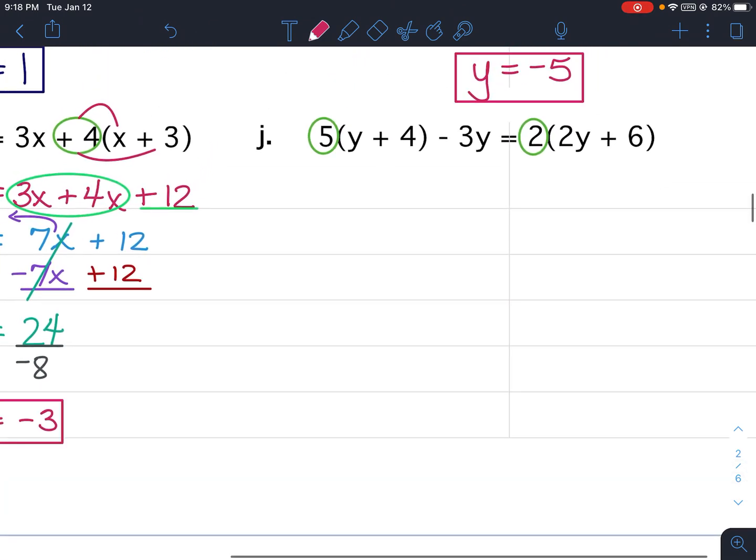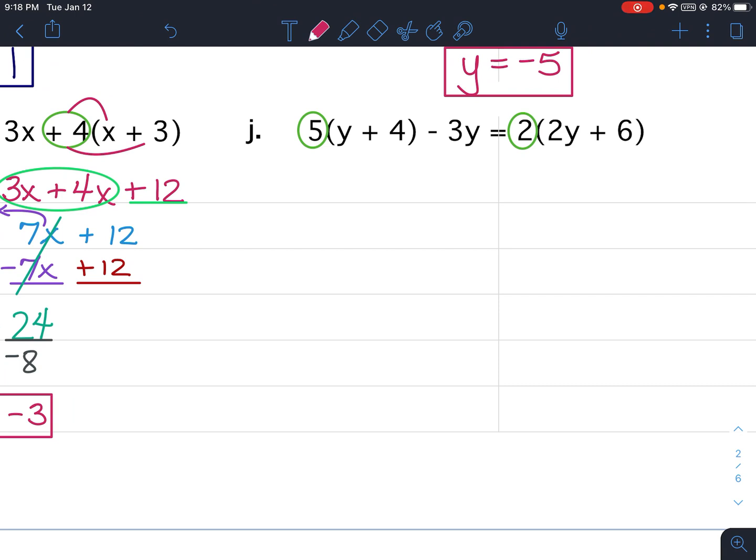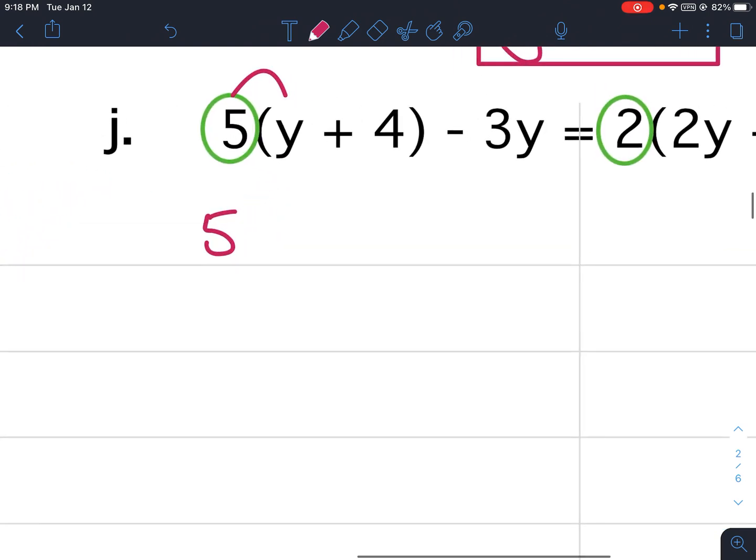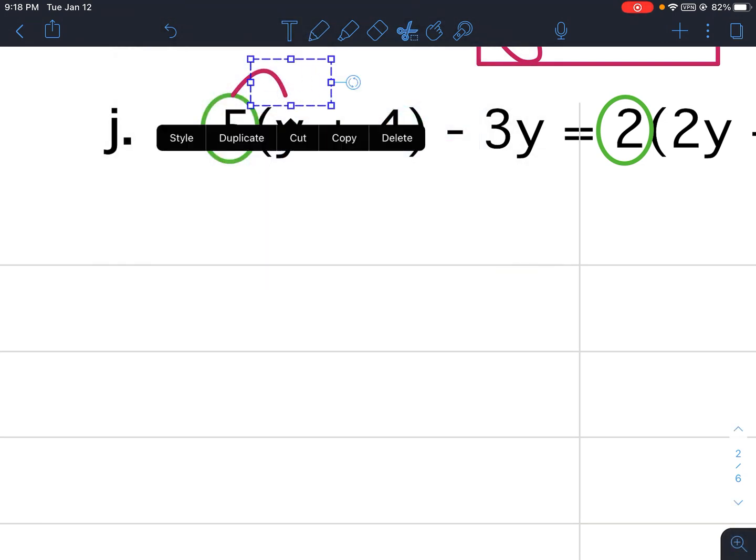All right, J, same steps, starting with the distributive property. So I'm going to take 5 times y to get 5y. Sorry, I'm going to change the color here.